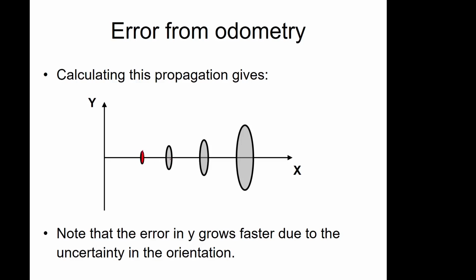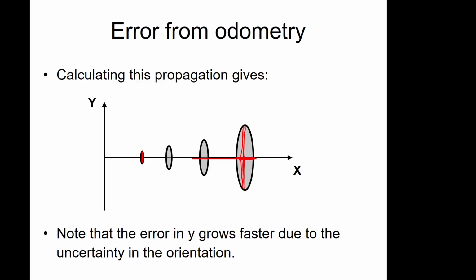And as you progress in time and distance, this error gets larger and larger. If you do purely dead reckoning, so purely using the optical encoders and the accelerometer, the error in X, the translational error, increases.